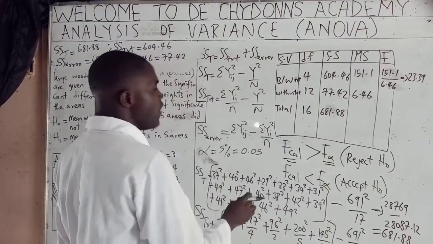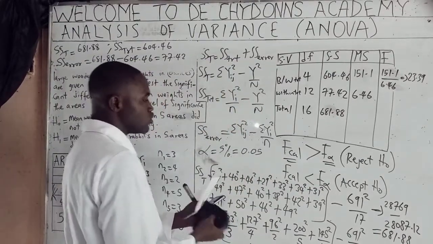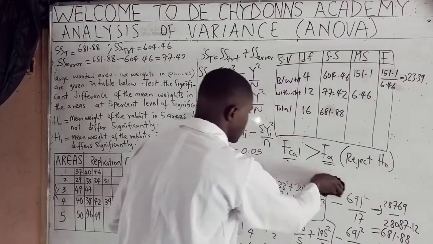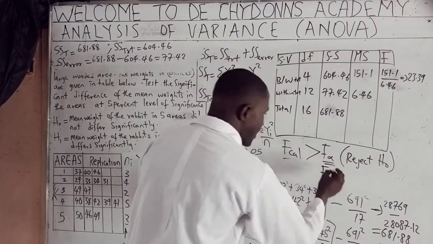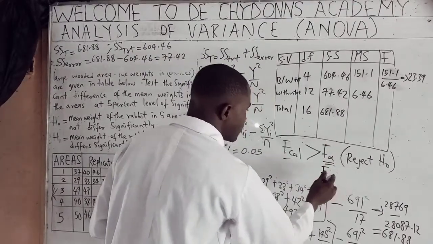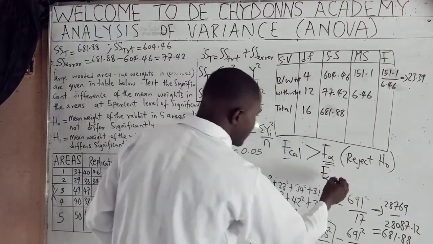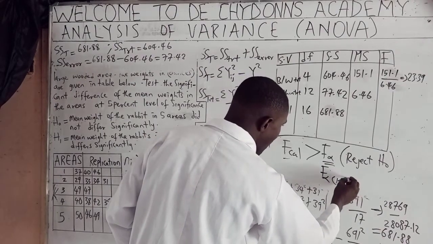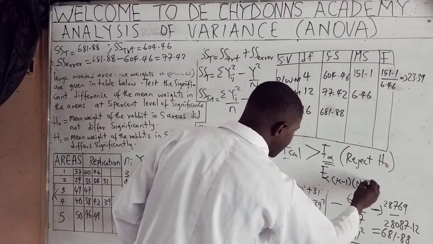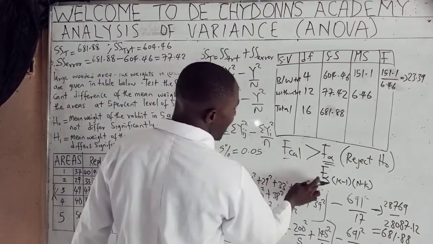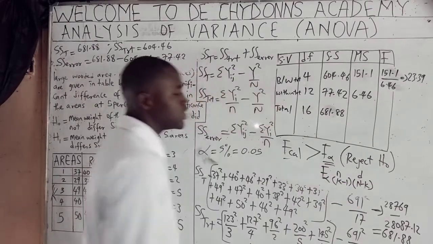So if you want to check this from your F table, see what you do. This F that we are getting from our F table, F alpha, what is that between treatment? That is K minus 1. That is what is within treatment, that is N minus K. So we will check this F alpha under this, where the first one will be the numerator and the next one will be the denominator.